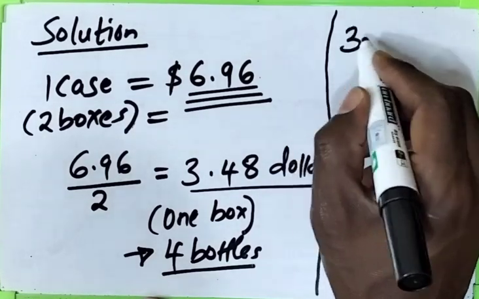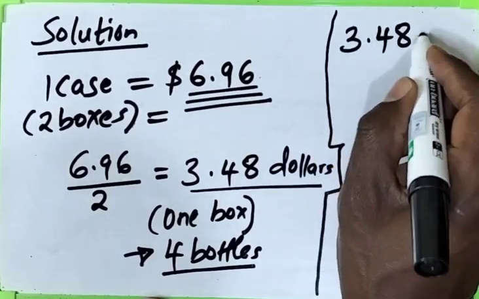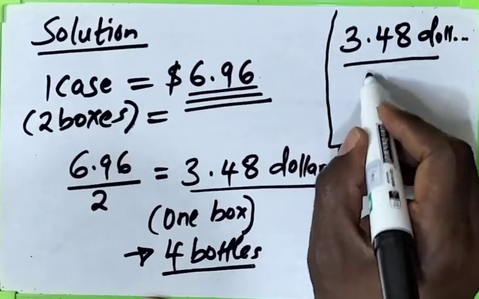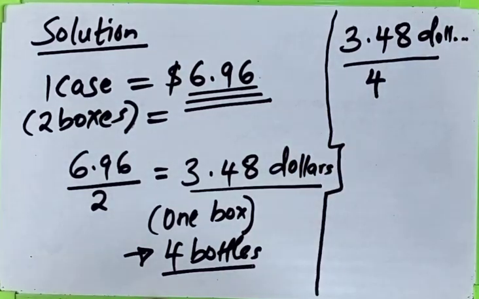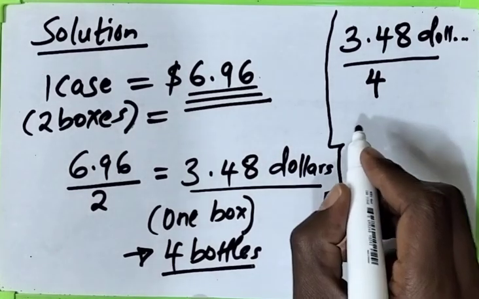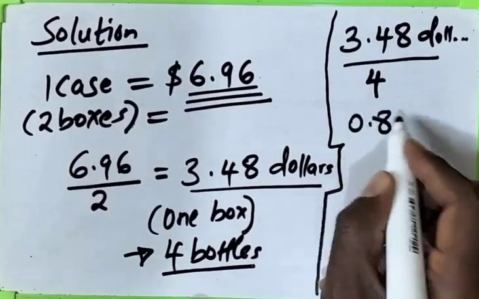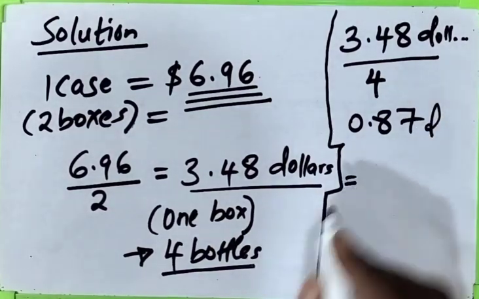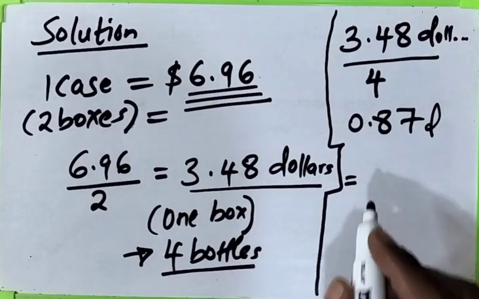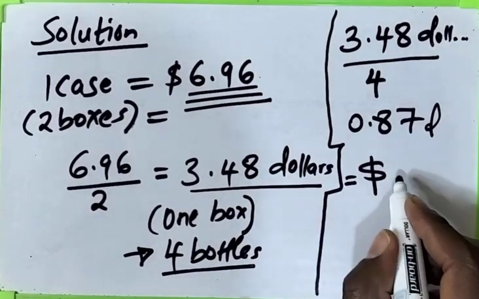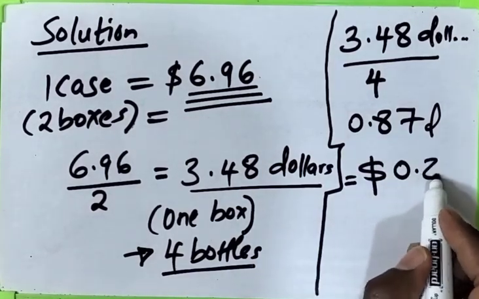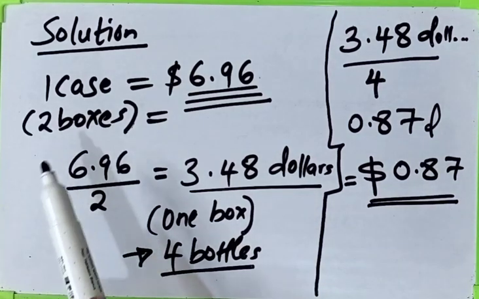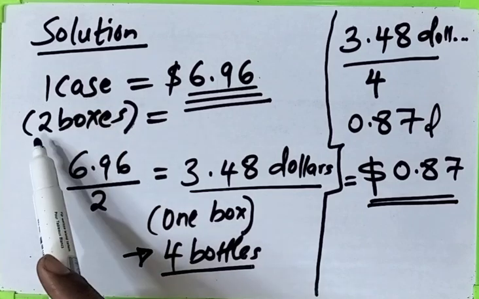So $3.48 divided by 4, which gives us $0.87. So 1 bottle of mineral water will cost $0.87.